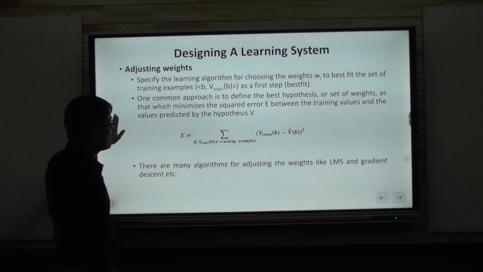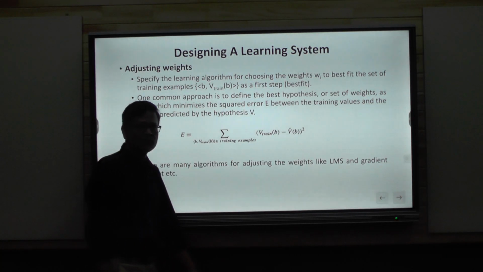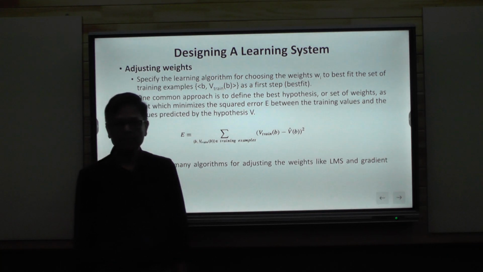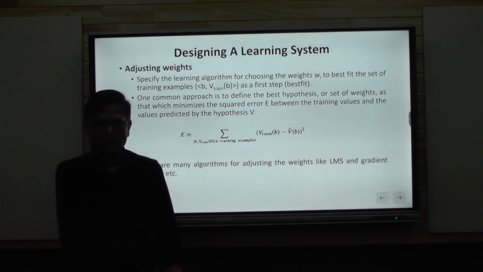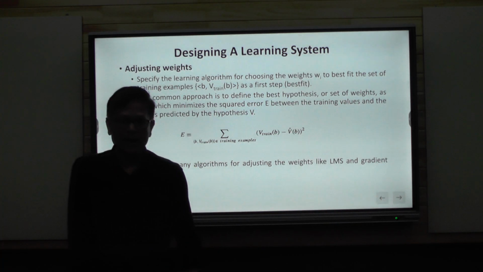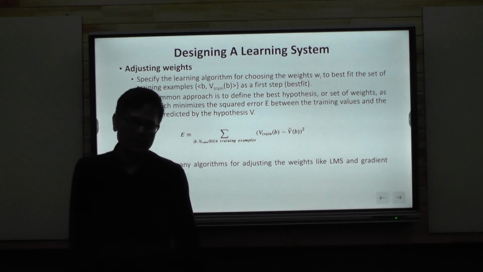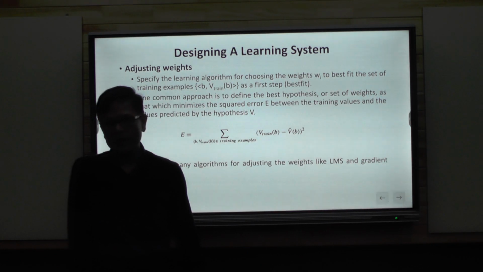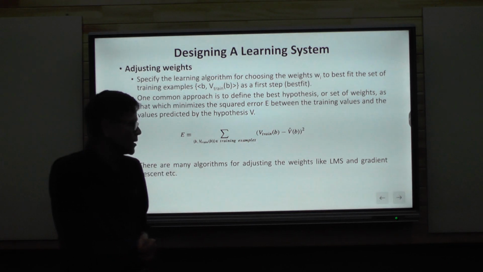Now, if you remember the target function, V-hat(b) = w0 + w1 x1 + w2 x2 and so on.